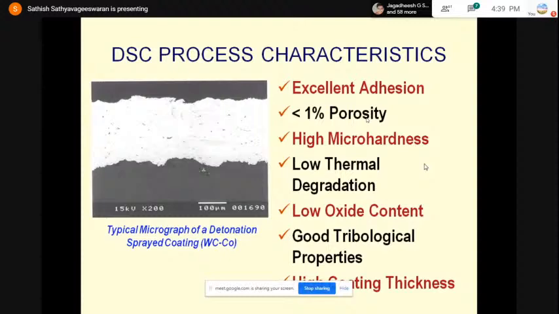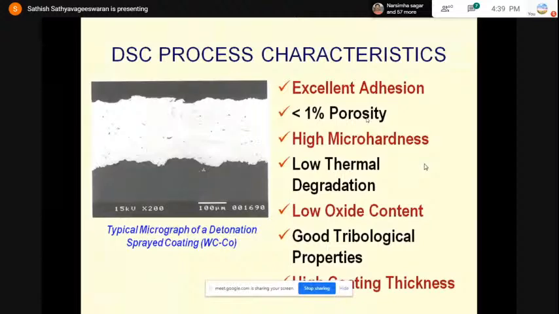The environment contains hydrogen and oxygen, so oxygen can easily enter into that molten material, and finally it will be present as an inclusion in your material. So you have to alter the parameters in such a way that you end up with low oxide inclusion. So that is about your evaluation of coating quality.